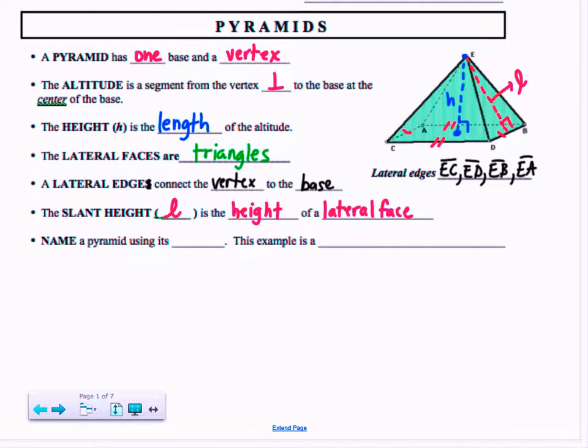Now if I want to name this pyramid, just like with the prism, you name a pyramid using its base. So this example I would consider to be a rectangular pyramid.